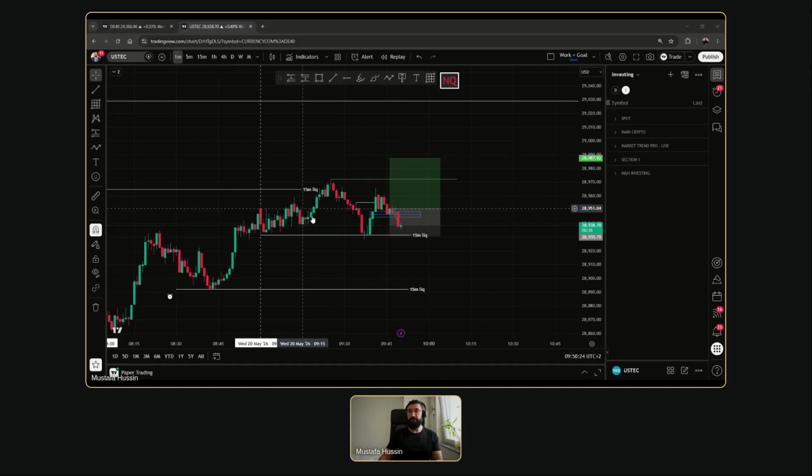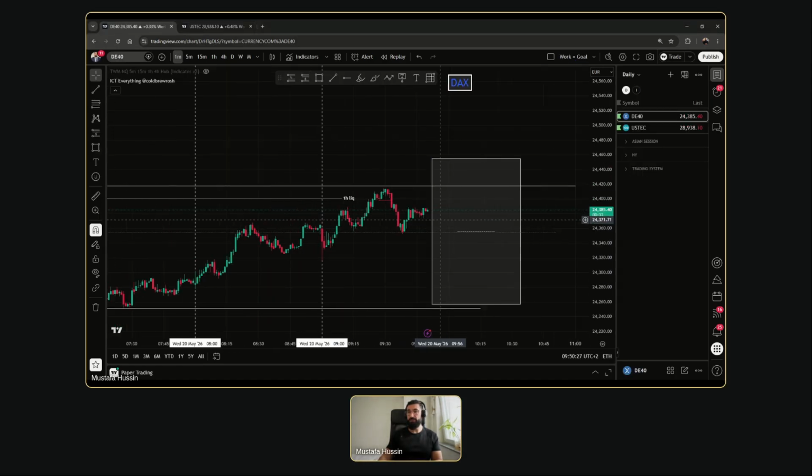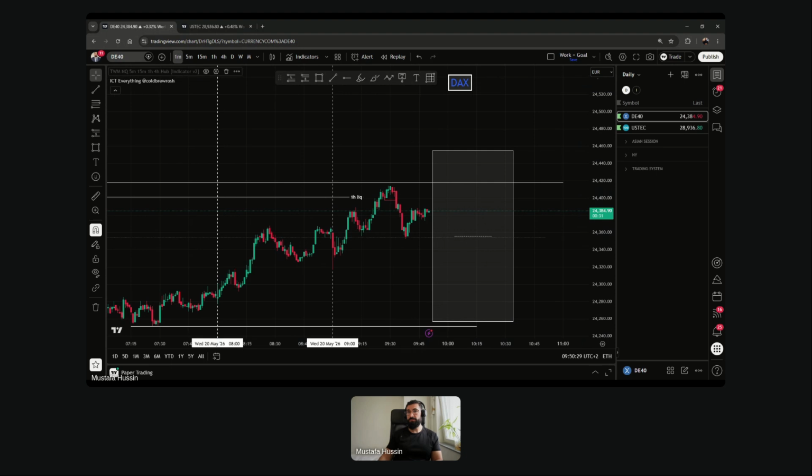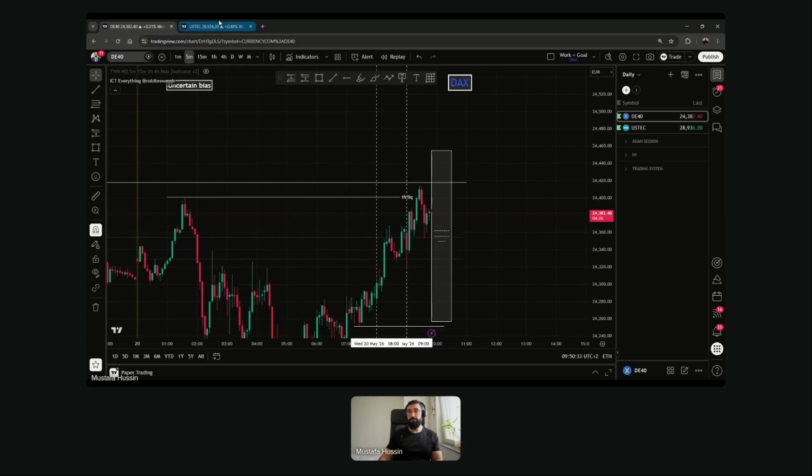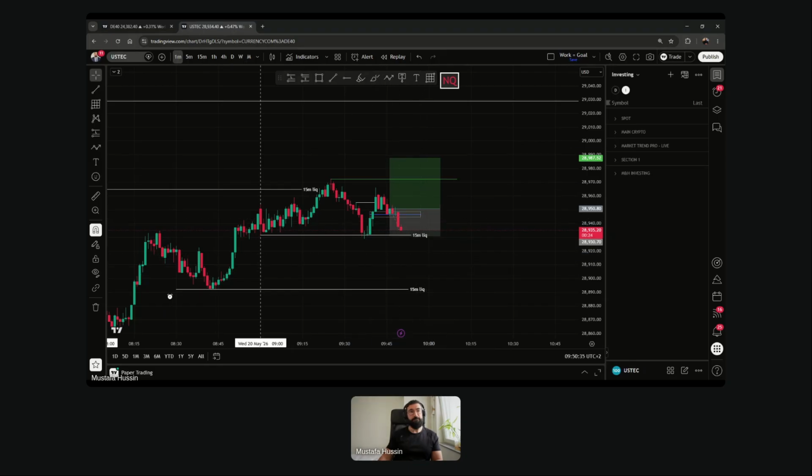Looking at the DAX, it's making moves to the upside, and it's reacting strongly on this 5 minute liquidity. All right, let's see what we can do.